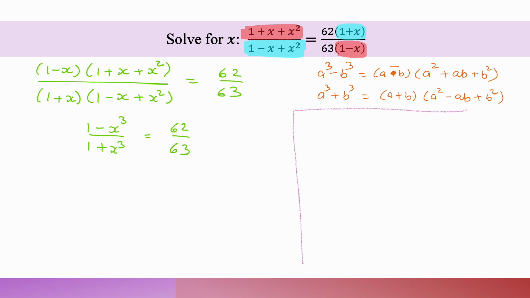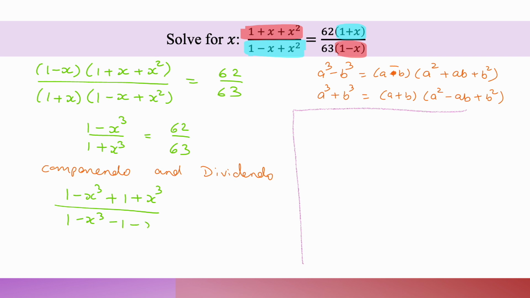And now we apply the property componendo and dividendo. We get ((1 minus x) cube plus (1 plus x) cube) upon ((1 minus x) cube minus (1 plus x) cube) equals (62 plus 63) upon (62 minus 63).